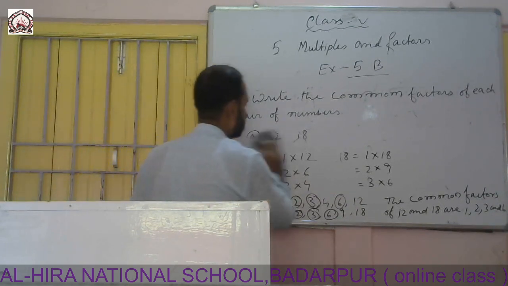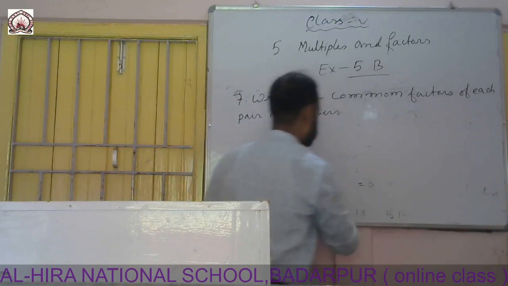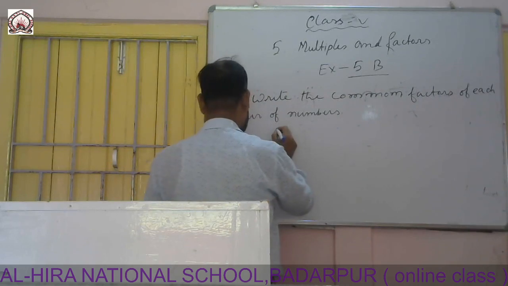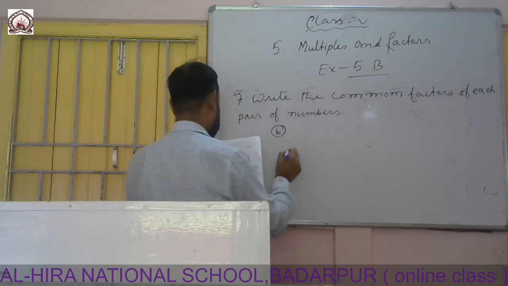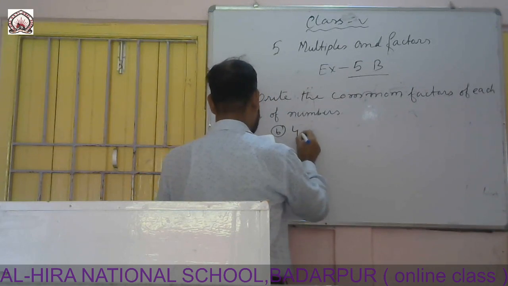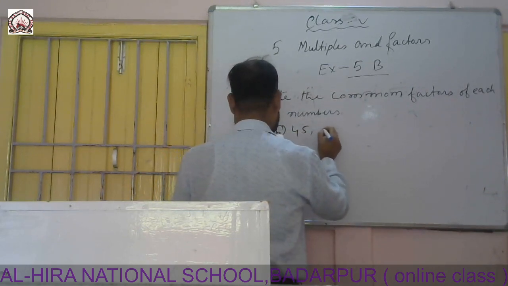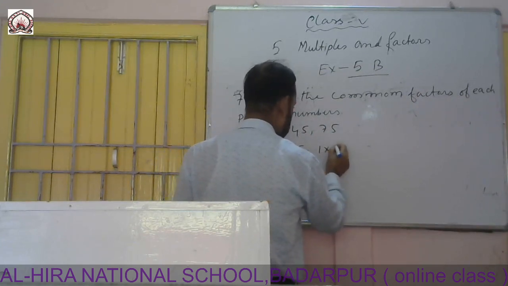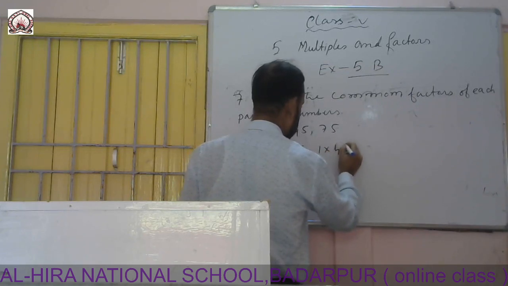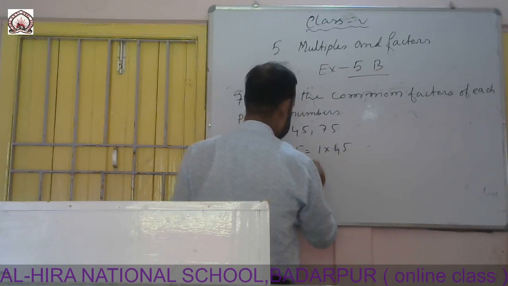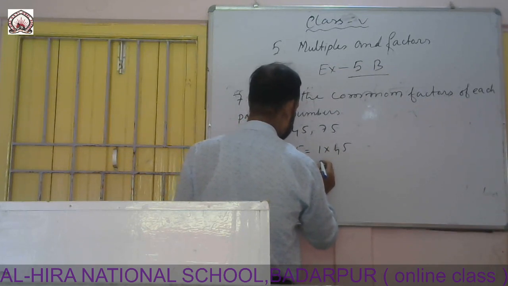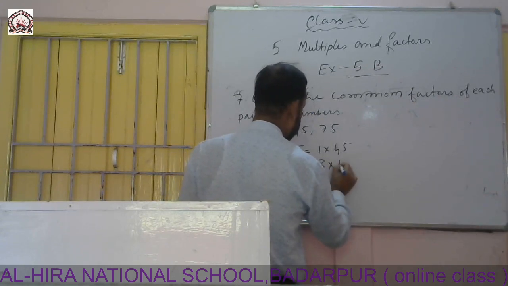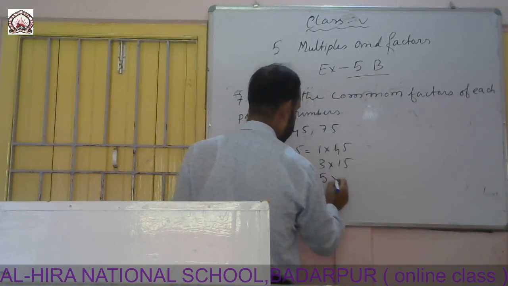Next, question number B, 45 and 75. The factors of 45 are 1 into 45, 3 into 15, 5 into 9.